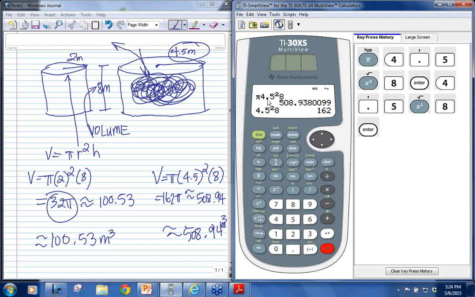You wanted to enter 4.6 rather than 4.5. How do you do that? Well, you can re-enter the whole equation with the correct value, pi times 4.5 squared times 8, or you can scroll to it.